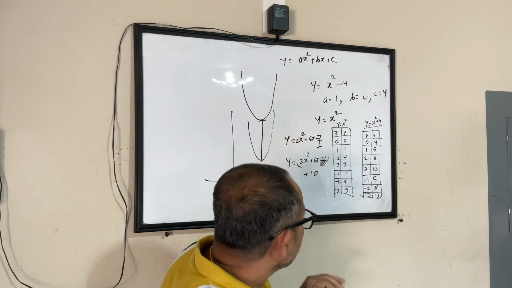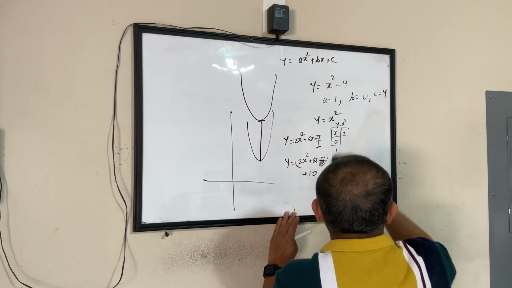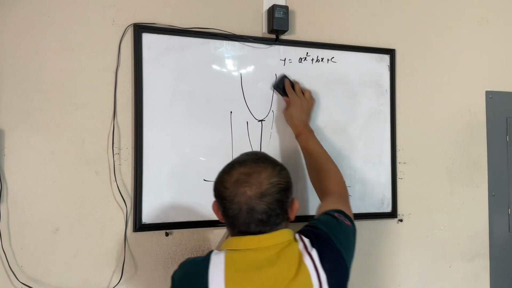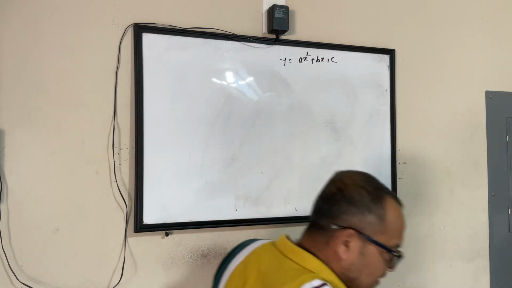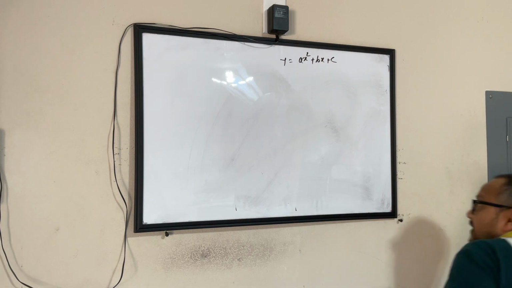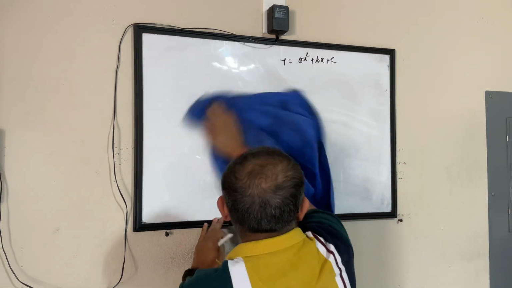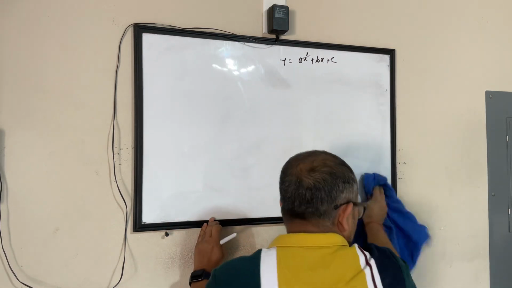Alright, now coming back to this one. So we saw what is the role that C plays in a parabola. Let's look at other aspects also. Let's look at two situations where we have two different quadratic equations, and this time we'll play with the A part of it.